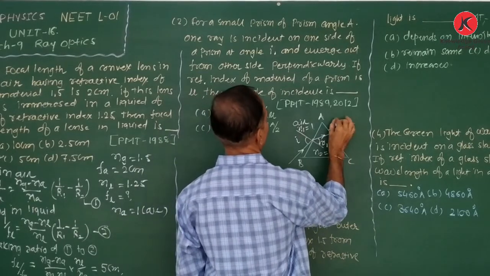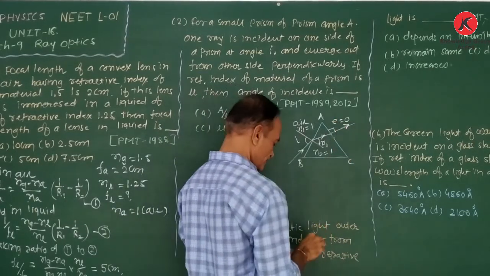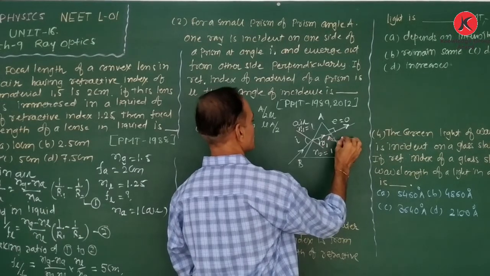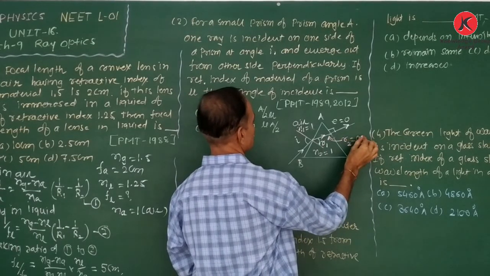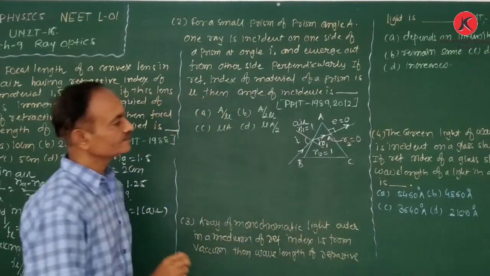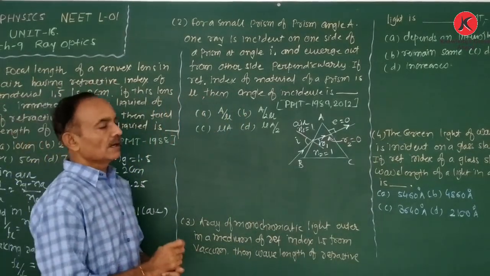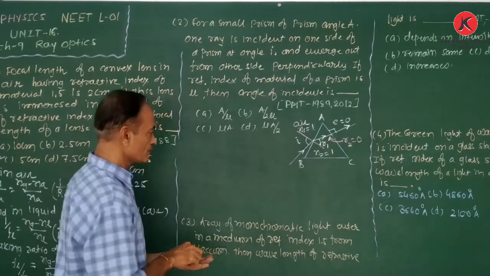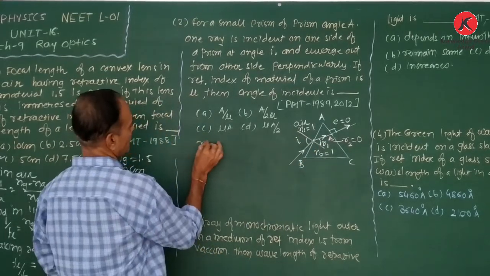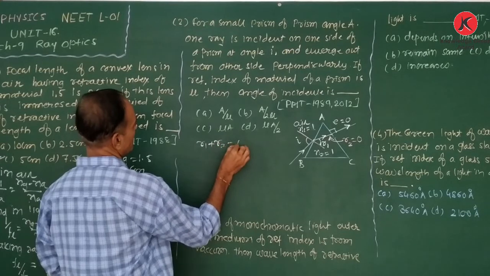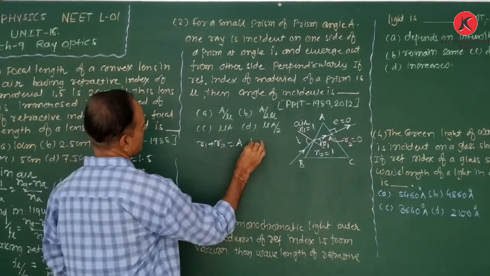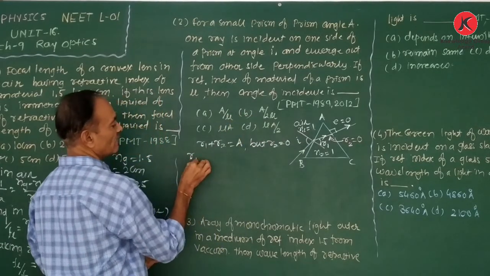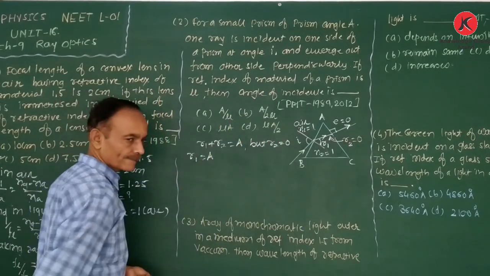Here the angle of emergence is 0, and the angle of incidence for the second surface, R2, is also 0. For a prism, we know that R1 plus R2 is equal to the prism angle A. But R2 is equal to 0. Therefore, R1 is equal to A.